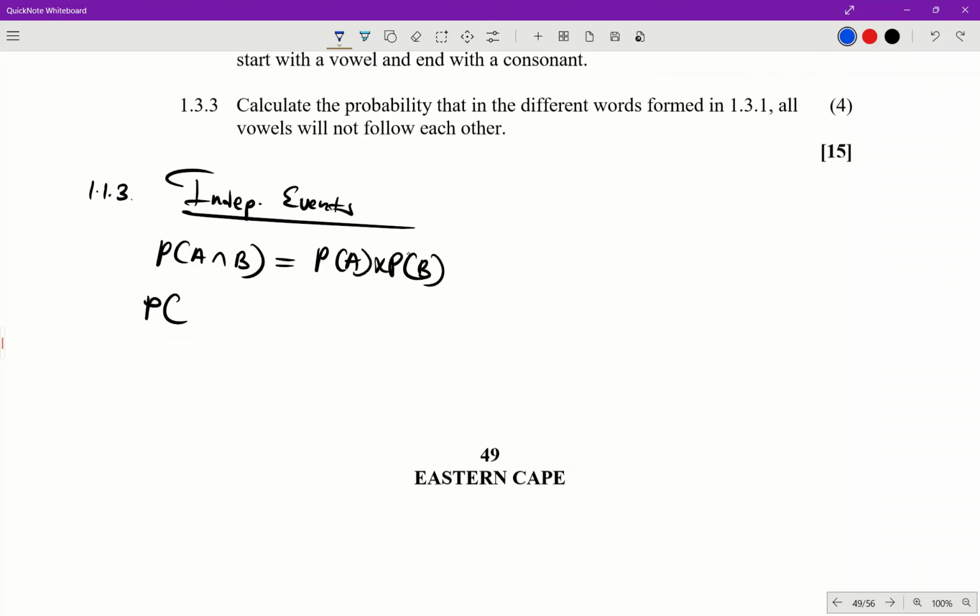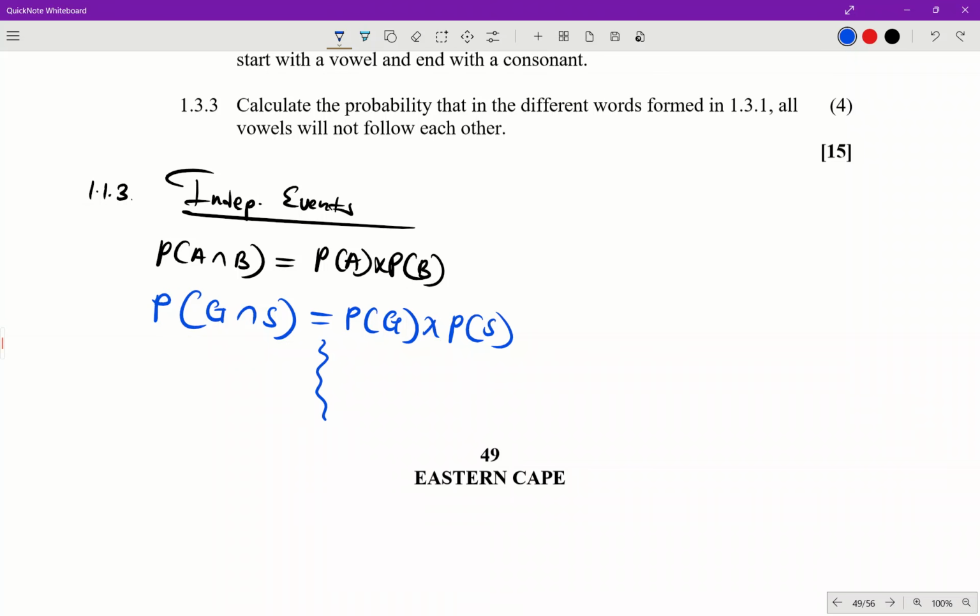So we'll go back to our table and check the intersection of girls and choosing science. This is going to be the probability of girl multiplied by the probability of science. The probability of girls in science, you just go back to your table. So now we have to prove that the left-hand side has to be the same as the right-hand side. So we're just going to start with the left-hand side.